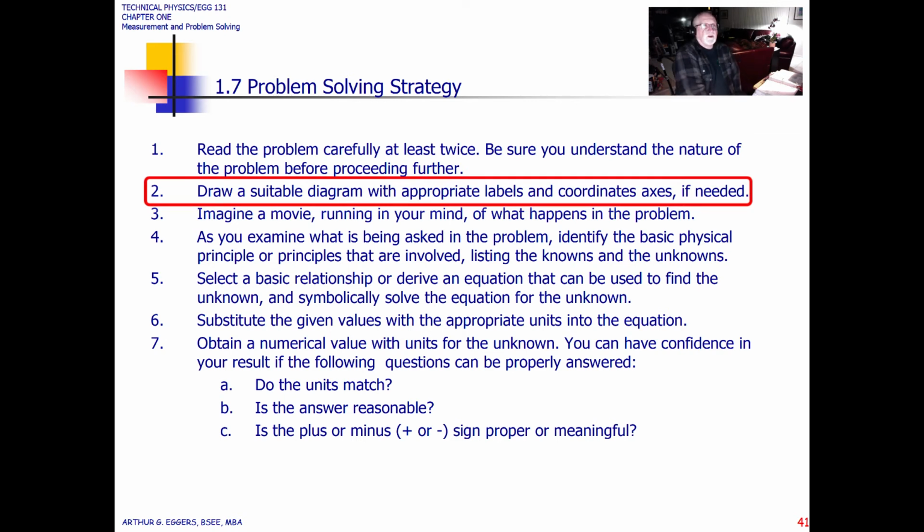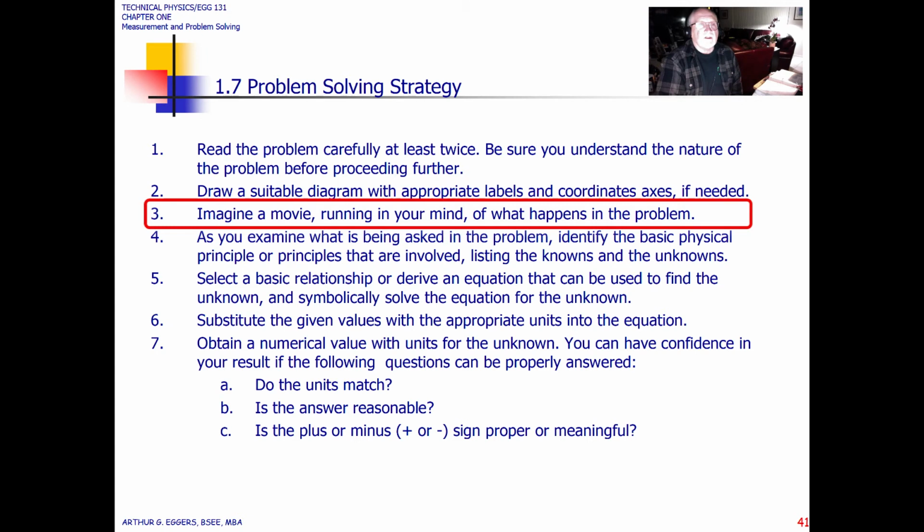This becomes very important, especially as we start doing vector diagrams and some of the force diagrams, where you can draw a diagram and it will allow you to label the forces and the lengths on that diagram. And then as you're reading it, try to imagine it as a movie running in your mind of what happens in the problem. So think about what activity or action is going on.